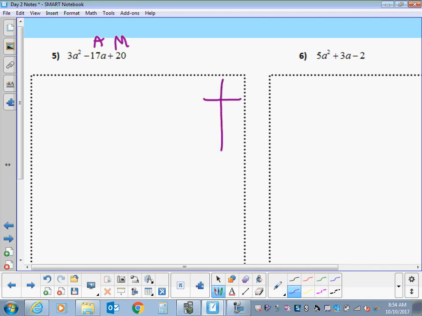AM, and I need 2 things that multiply and add. Sometimes I write MA, but sometimes I put the symbols. Either way is fine, whatever works for you. So I need 2 numbers that multiply to give me what? 60. And add to give me negative 17.